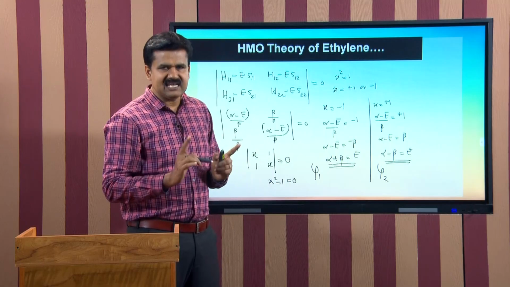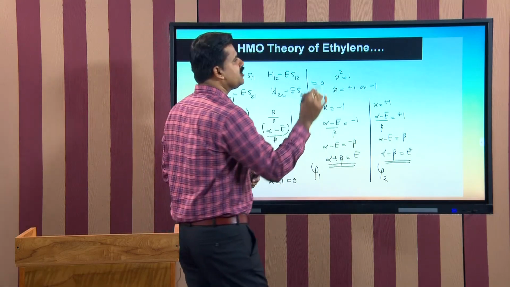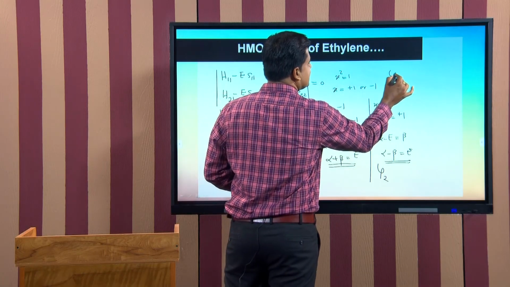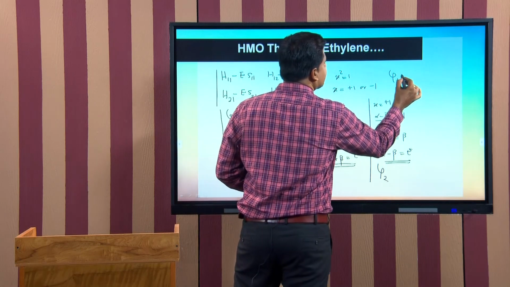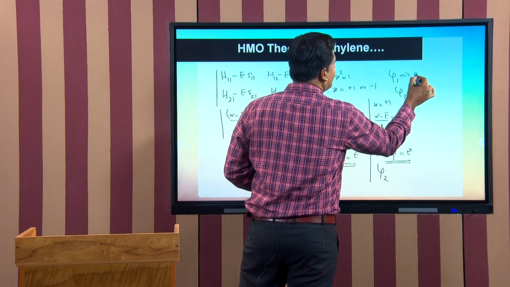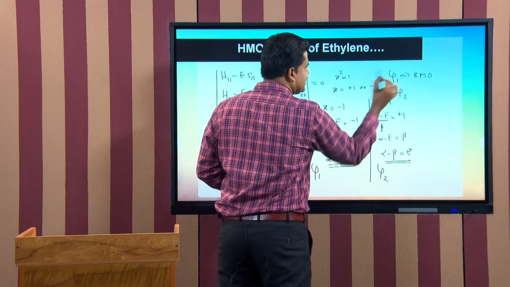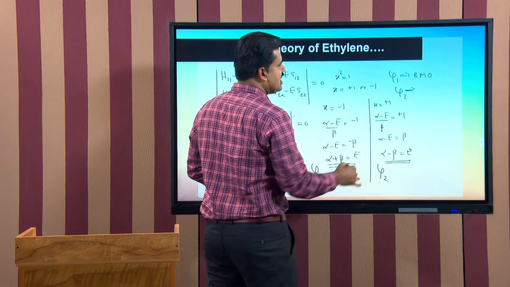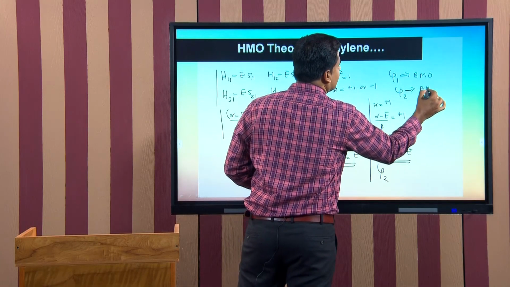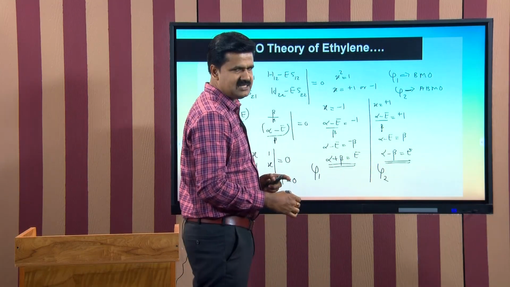So in ethylene there are two Huckel molecular orbitals, psi 1 and psi 2. Psi 1 can be considered as the bonding molecular orbital with energy alpha plus beta, and psi 2 can be considered as the anti-bonding molecular orbital with energy alpha minus beta.